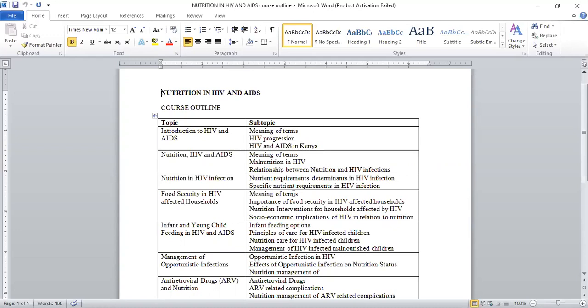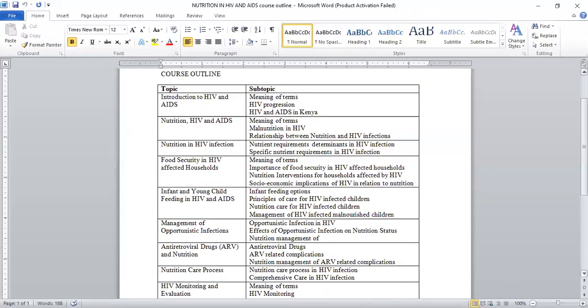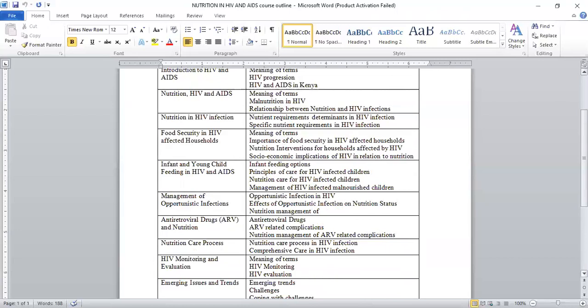So basically, we'll cover the nutrition interventions and the socioeconomic implications of HIV in relation to nutrition, how socially those people can be affected. And remember, here it's all about how you can improve the food security of those who are suffering.